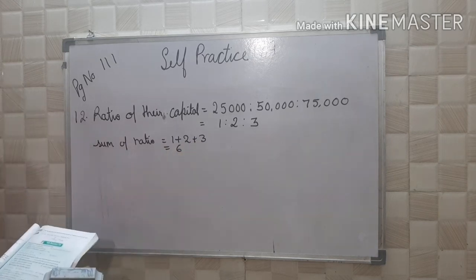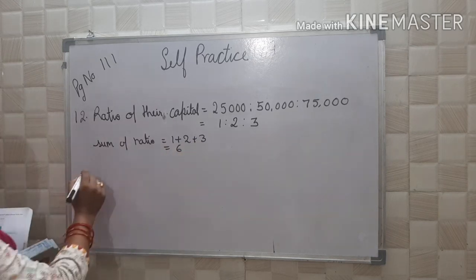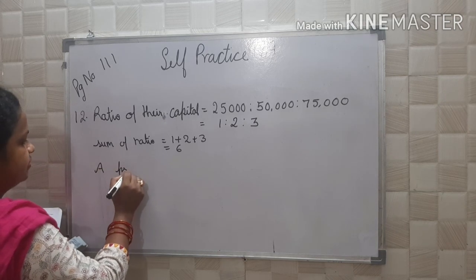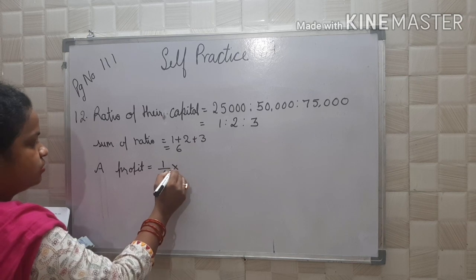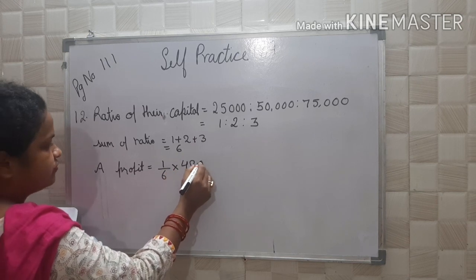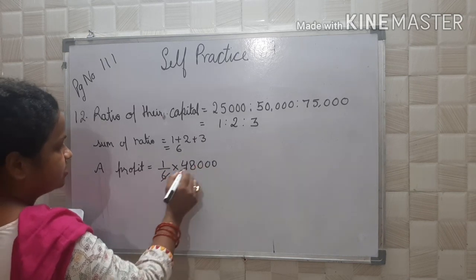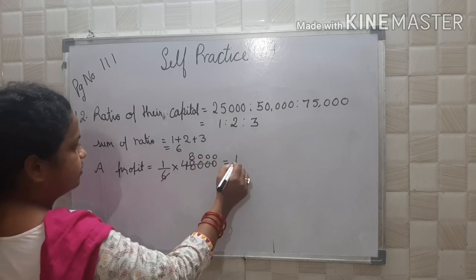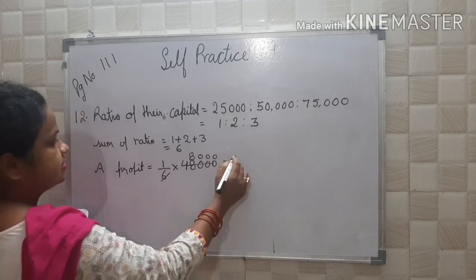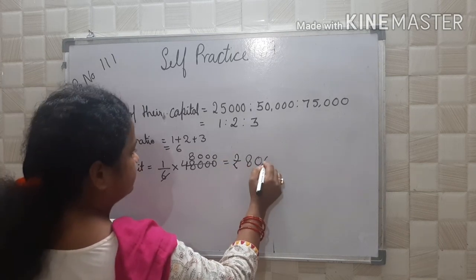So who are the members? A's profit: 1 upon 6 and the total profit is 48,000. 6 eights are 48, so you will get rupees 8,000 as profit.